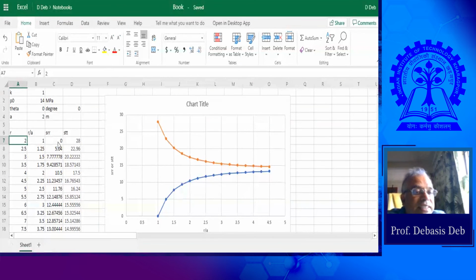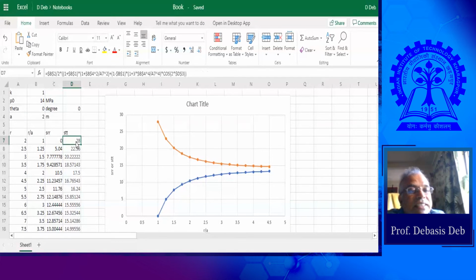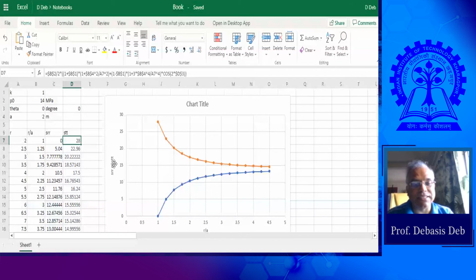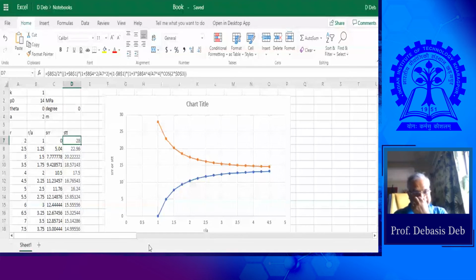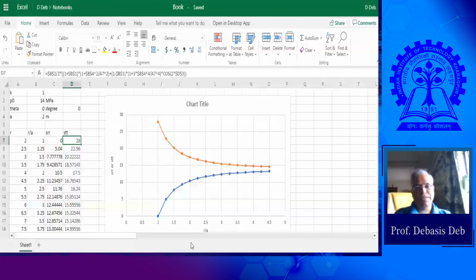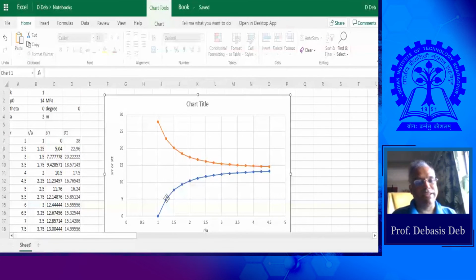And SRR is your radial stress for this R, and this is the sigma theta theta, the tangential stress. Now these become 14. Now if you go 2.5 meter below, what I am plotting here is, let me plot it, one minute. Fine.